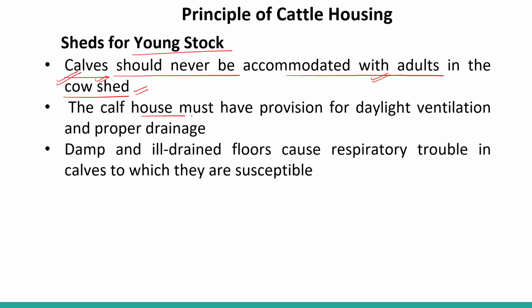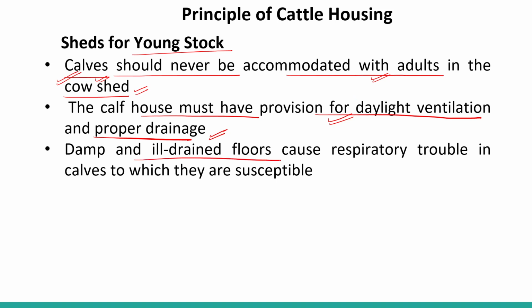The calf house must have a provision for daylight, ventilation and a proper drainage system, so that their dung and urine can be easily cleaned out. The calf house must have proper daylight, proper feeding and proper watering facility.